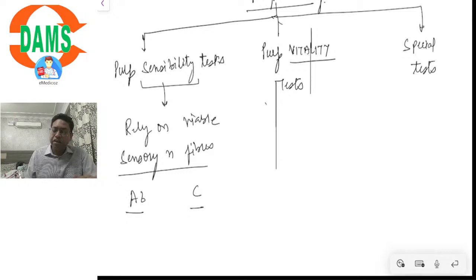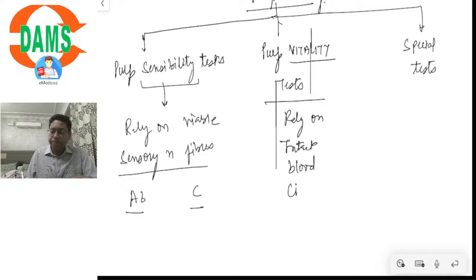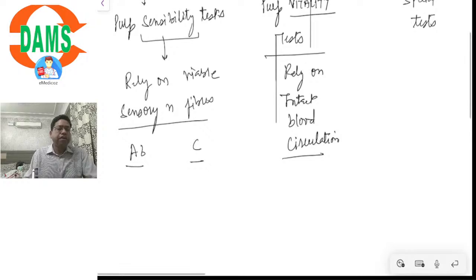On the other hand, pulp vitality tests rely upon intact blood circulation. In the strictest sense, the vitality tests measure the blood circulation of the pulp.